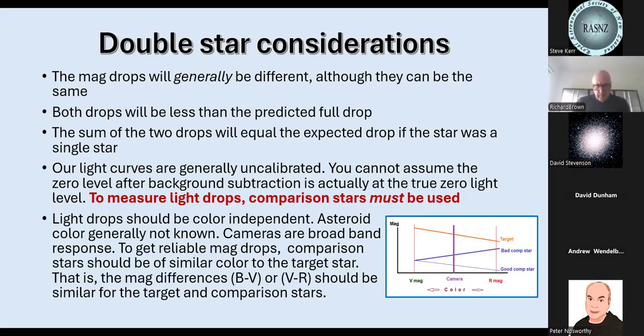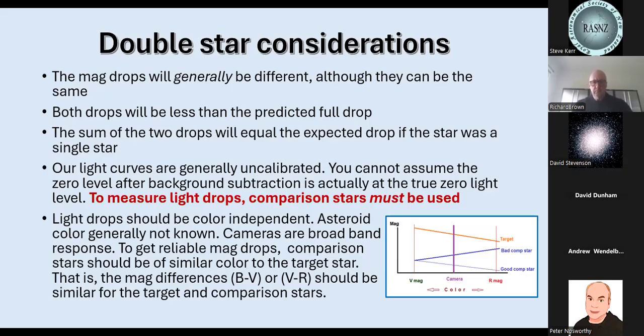Importantly, both drops will be less than the predicted full drop, but that only is relevant if you've got a recording where the limiting magnitude is faint enough. The sum of the two drops will equal the expected full light drop. All this is ignoring the issue of Fresnel diffraction, by the way.